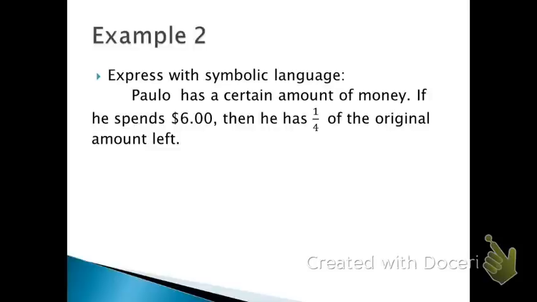Our first step is always going to be to define a variable, or sometimes more than one variable. So we need to think of a symbol and then tell what it's going to represent. I'd like you to pause the video and do that now, and then restart and see what I've done.